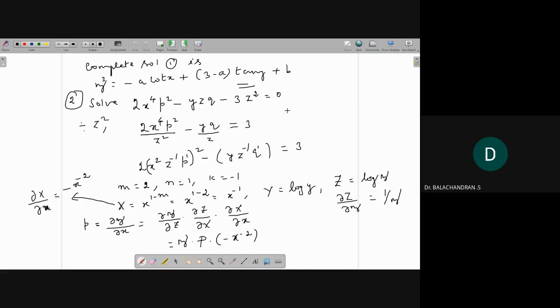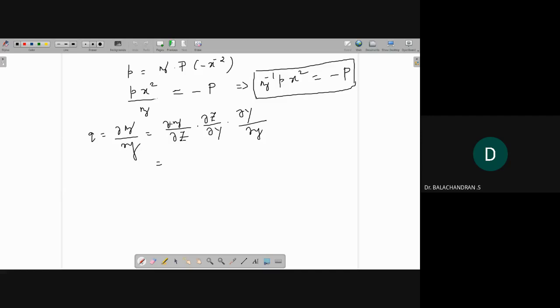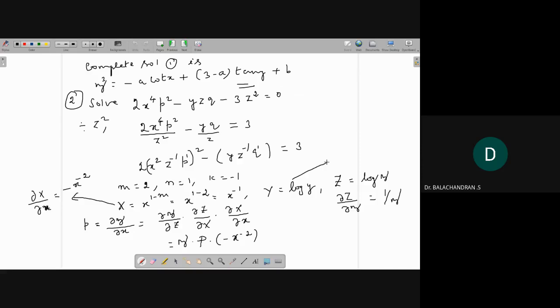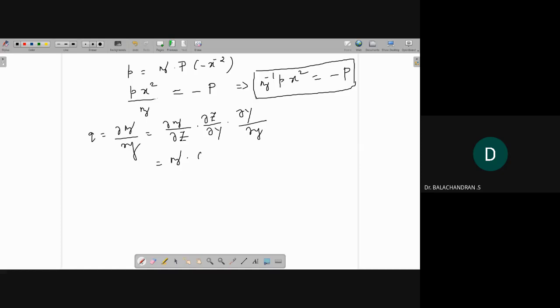The reciprocal of this, which is z. So z, small z, dou Z by dou Y, which is capital Q. Dou capital Y by dou small y equal to 1 by small y. So y q by z, or z power minus 1 q, equal to capital Q.